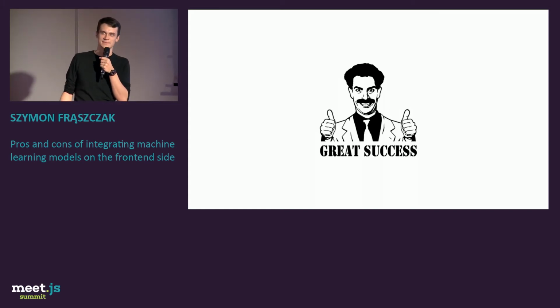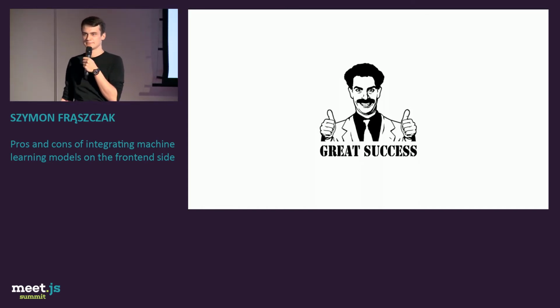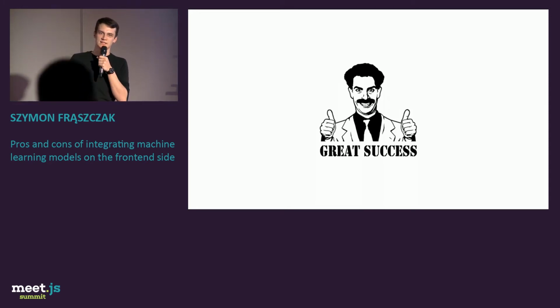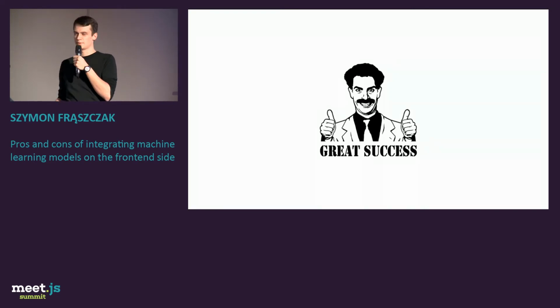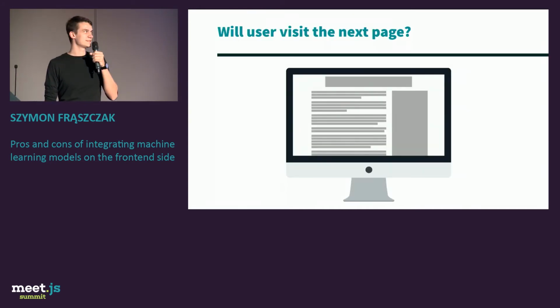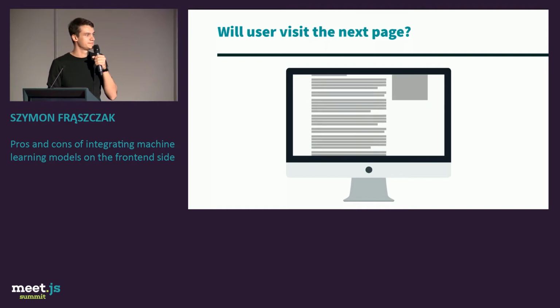But as you might expect, there are a bunch of different machine learning algorithms. So in one of the next projects, we decided to use a different algorithm. Let me tell you a little bit about the next project. It was about predicting whether a user is going to visit the next page.